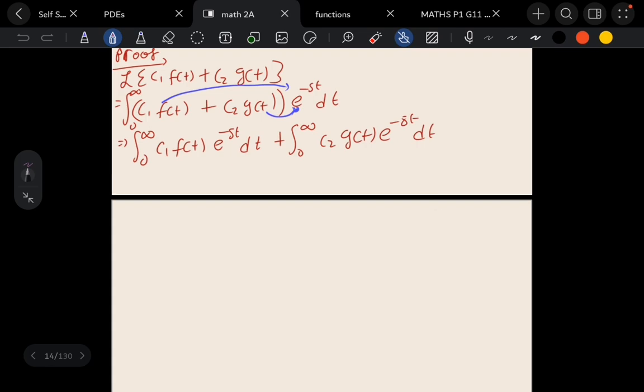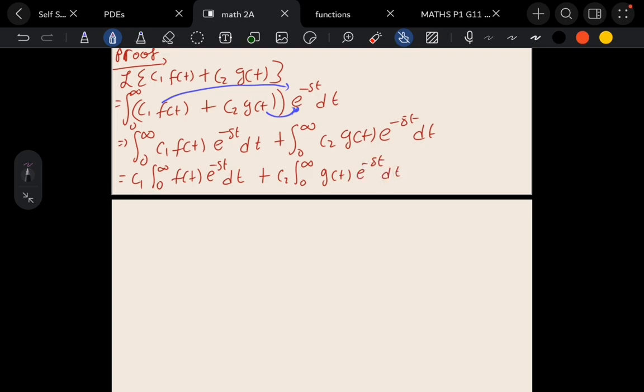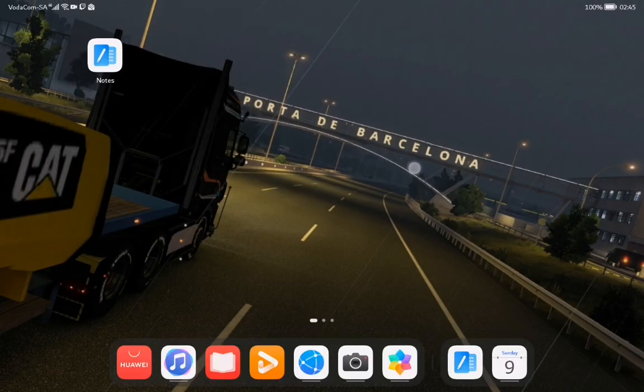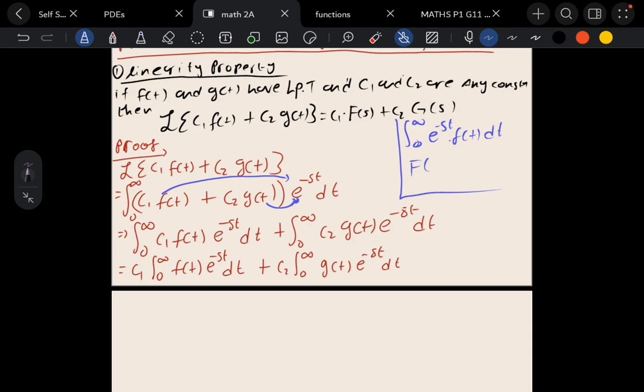Right? And we know that we can take out C1, the integral from 0 to infinity of f of t e to the power negative st dt, plus C2 times the integral from 0 to infinity of g of t e to the power negative st dt. By the principle, you know that the integral from 0 to infinity of e to the power negative st times f of t dt is the same thing as F of s, which is the Laplace transform of f of t.